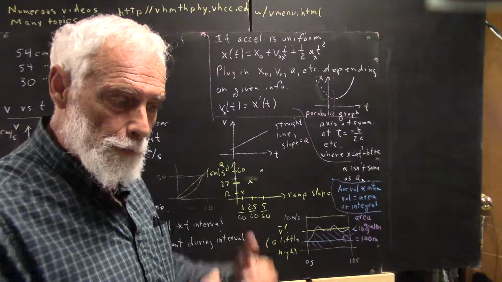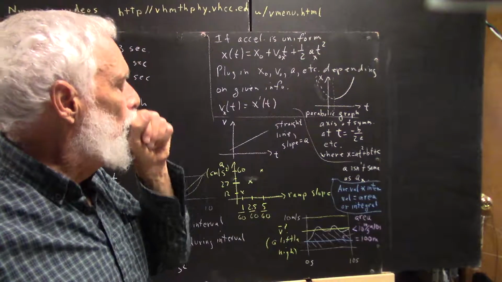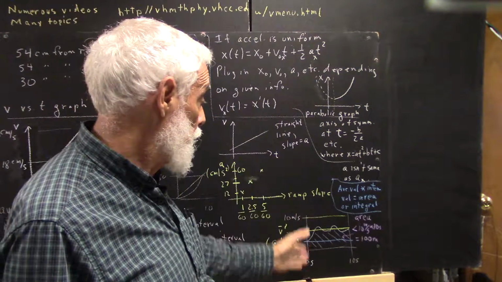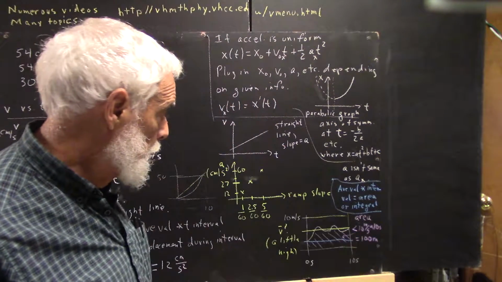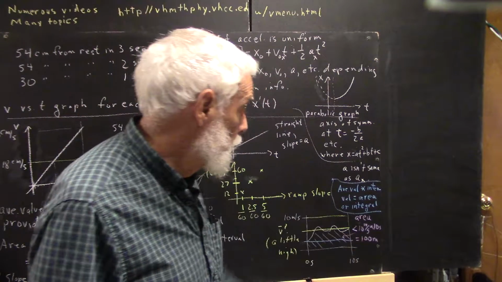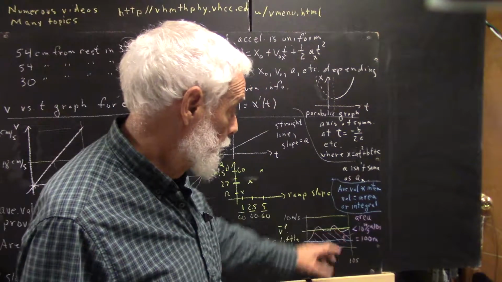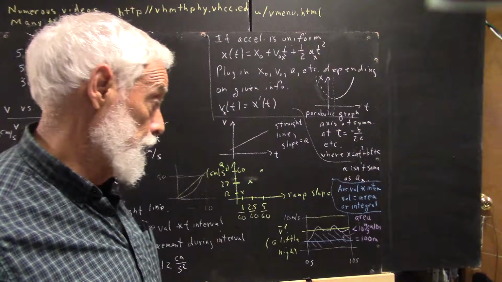If you multiply meters per second by seconds, the unit you end up with is meters. The interpretation is obvious. If this is velocity and this is time, then you're multiplying a velocity by a time. This is how far you would go if you moved at 10 meters per second for 10 seconds, and that is what's represented by this rectangle.